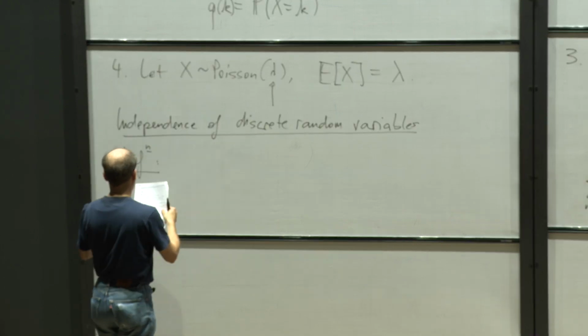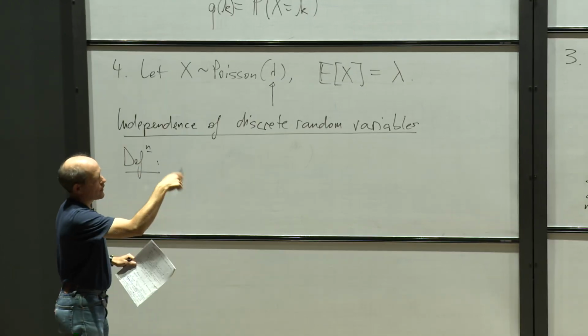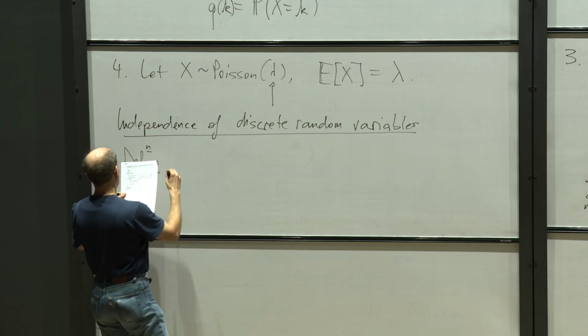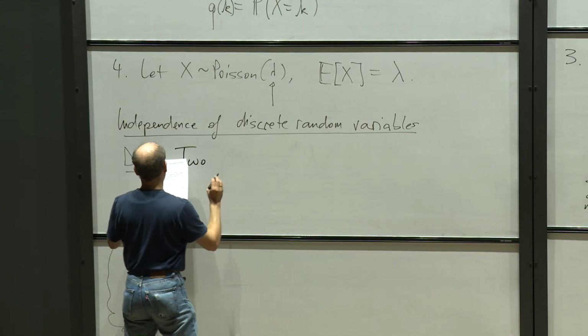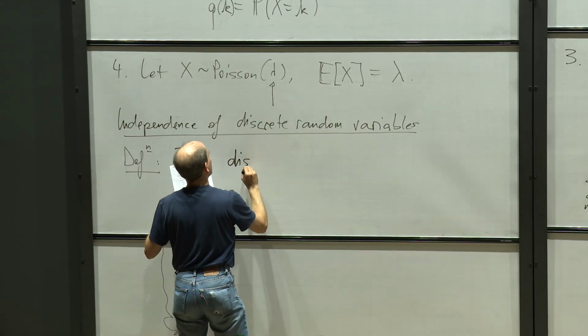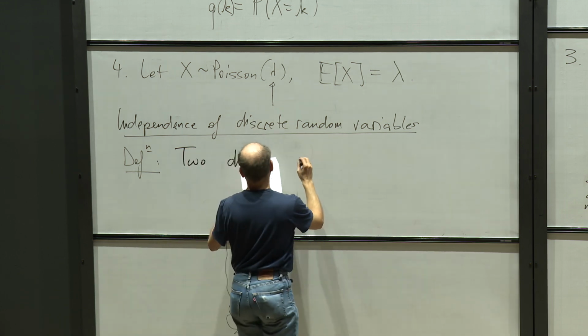Okay, so random variables are functions on a sample space, so it is perfectly valid for me to say I consider two random variables on the same sample space.